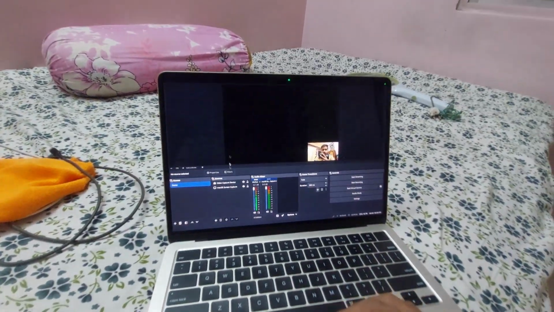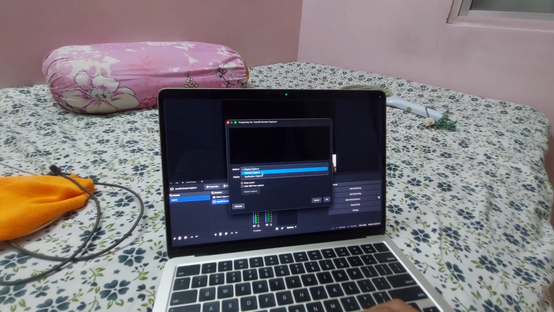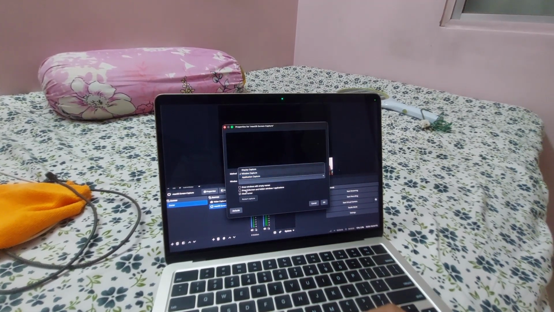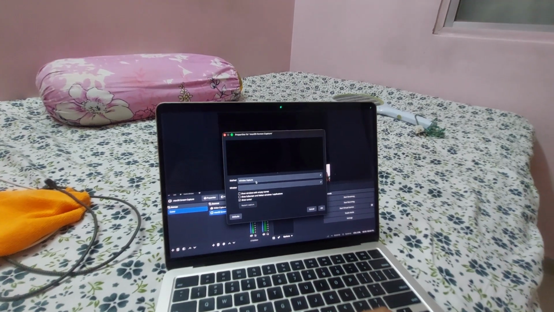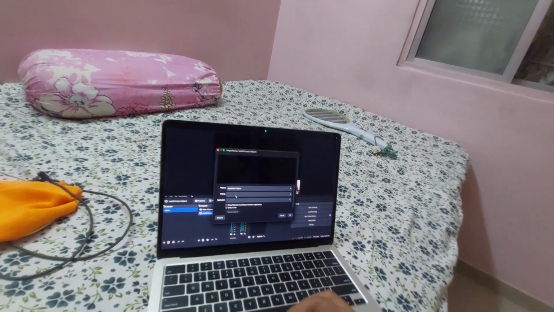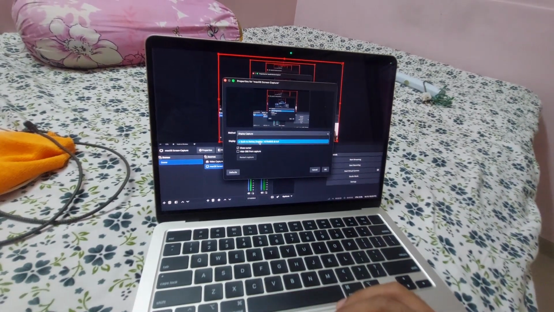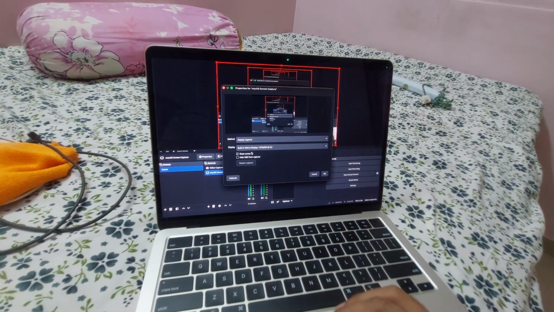Screen's not getting shared. Display OBS. Finally, it's coming. It's coming. Yeah, yeah. It was not selected. It was like this. Fuck man. Display capture.